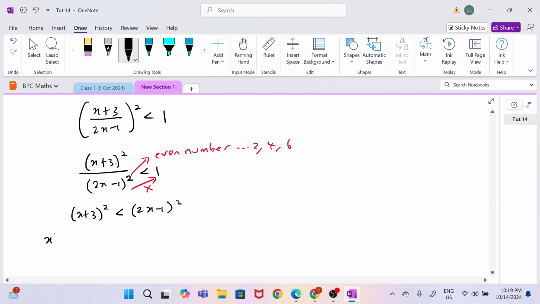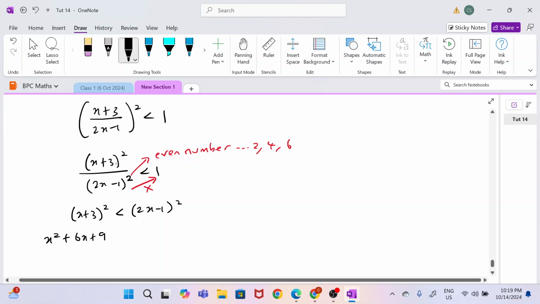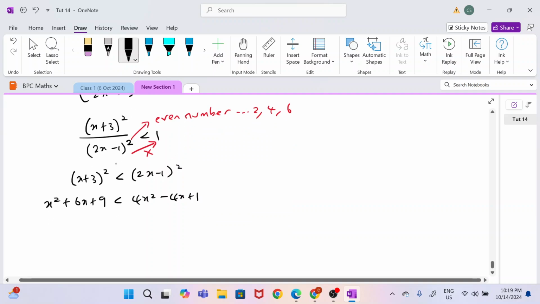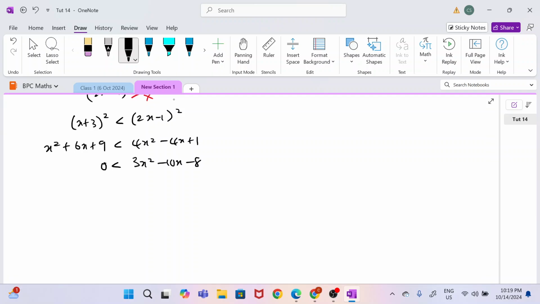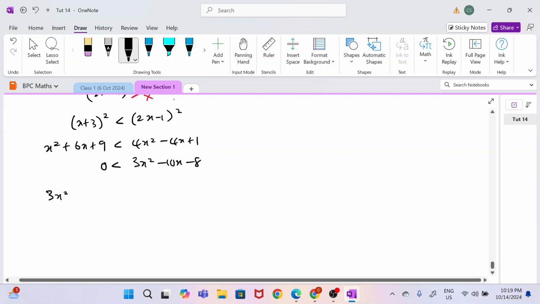And you expand this. You can use your calculator to factorize this.